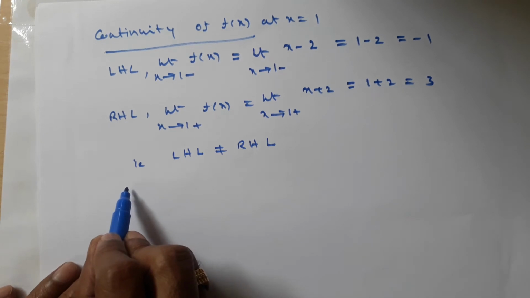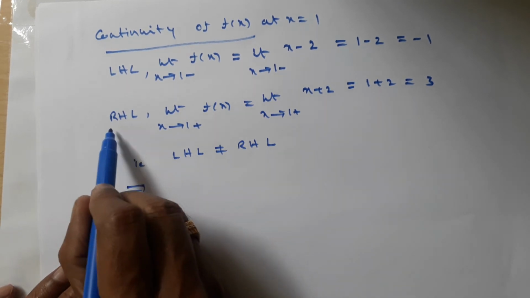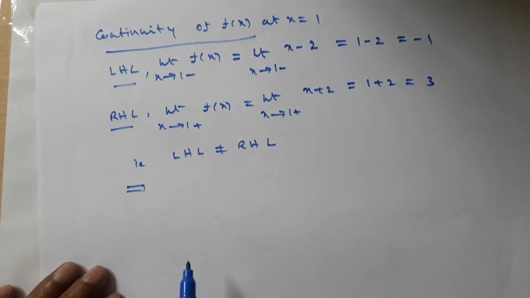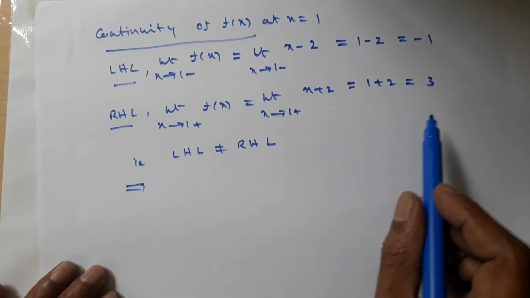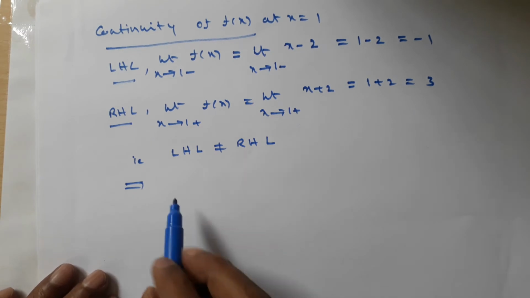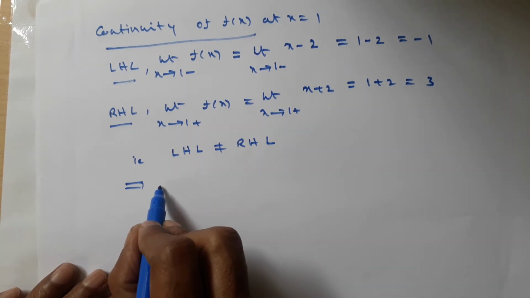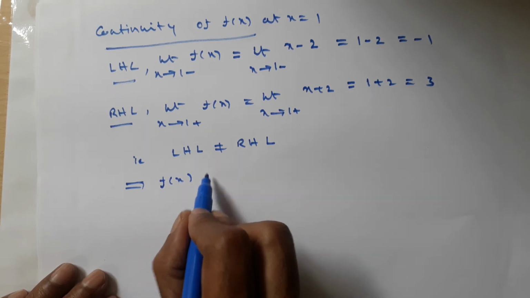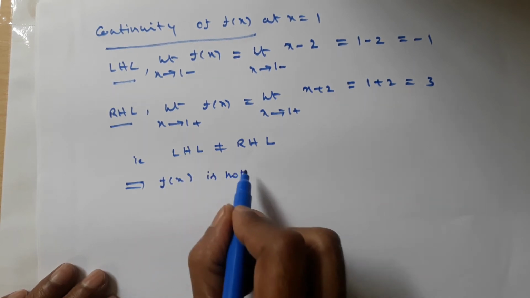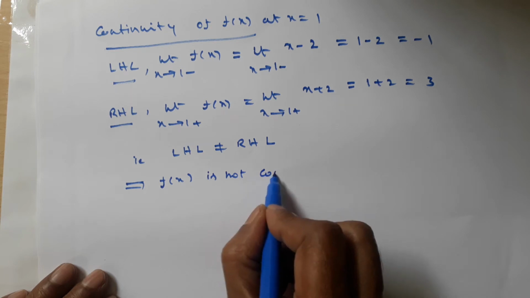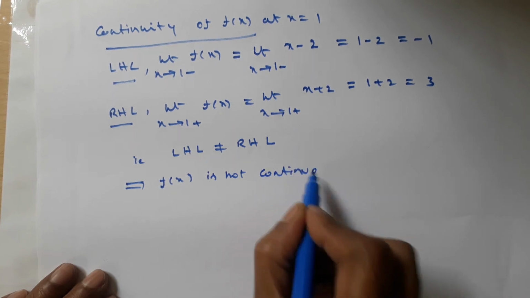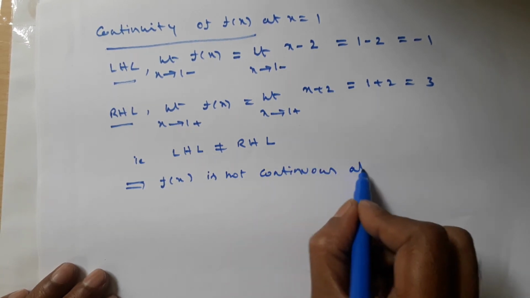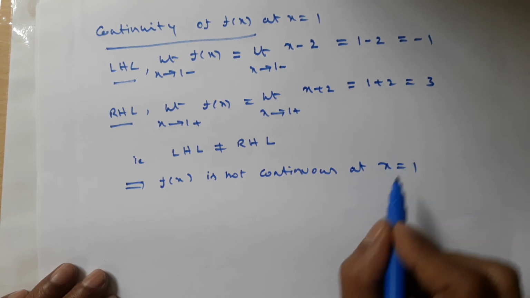This implies LHL value is minus 1, RHL value is 3, so both are not equal, so that f of x is not continuous at x is equal to 1.